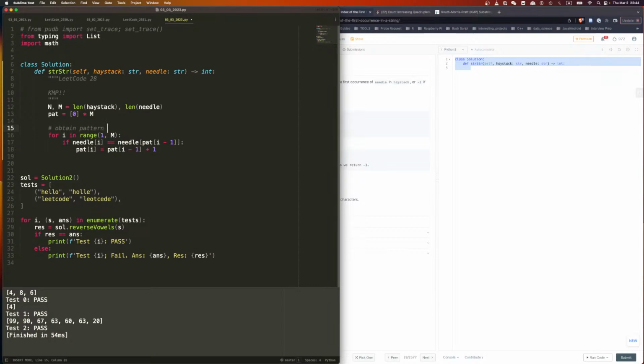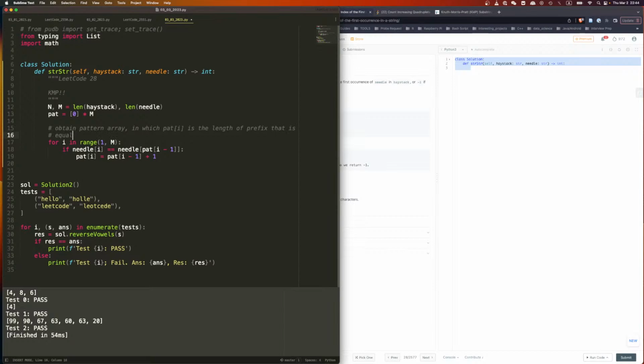Obtain pattern array in which pat i is the length of the prefix that is the same as the suffix ending at needle i.